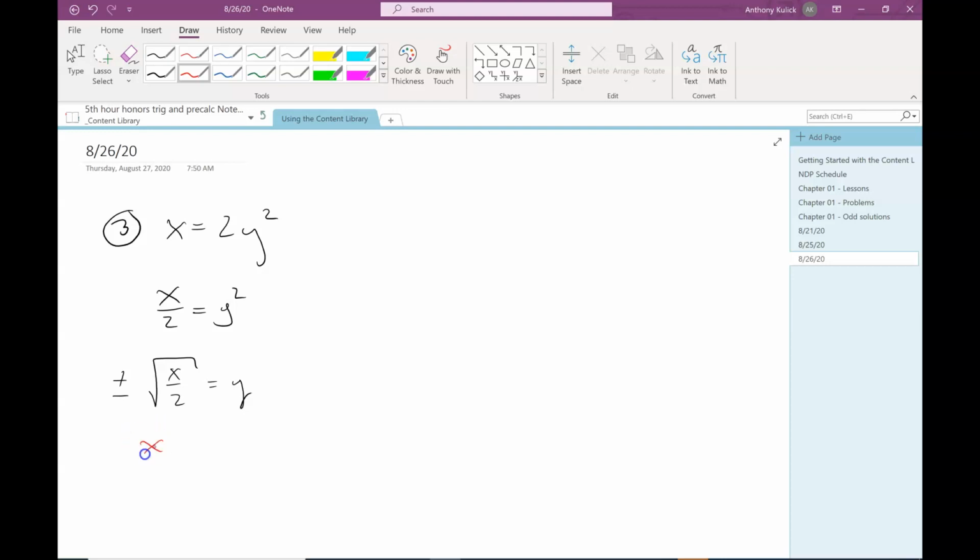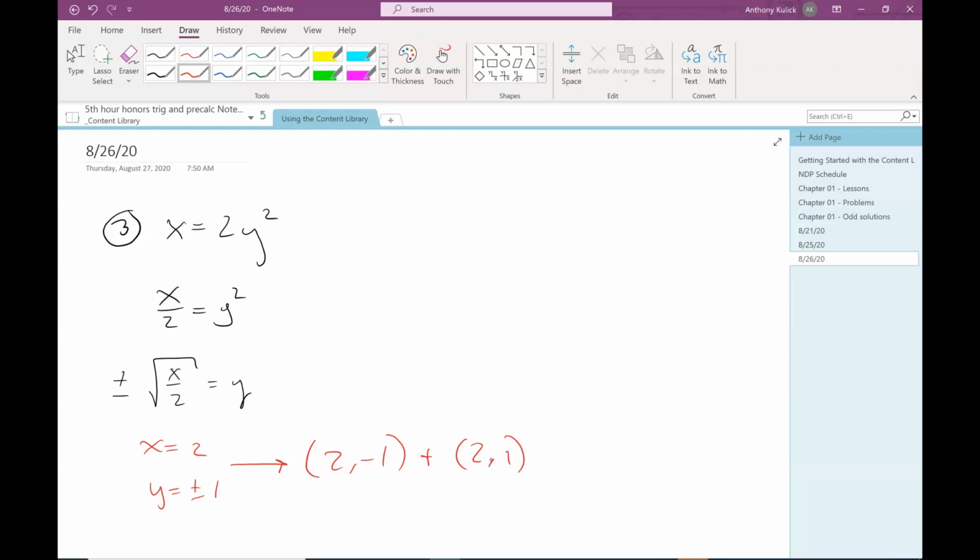So for example, if I pick x equals 2, I plug 2 in for x. 2 over 2 is just 1. The square root of 1 is 1. So I'm left with y equals plus or minus 1. What that tells me is I have the points (2, -1) and (2, 1).